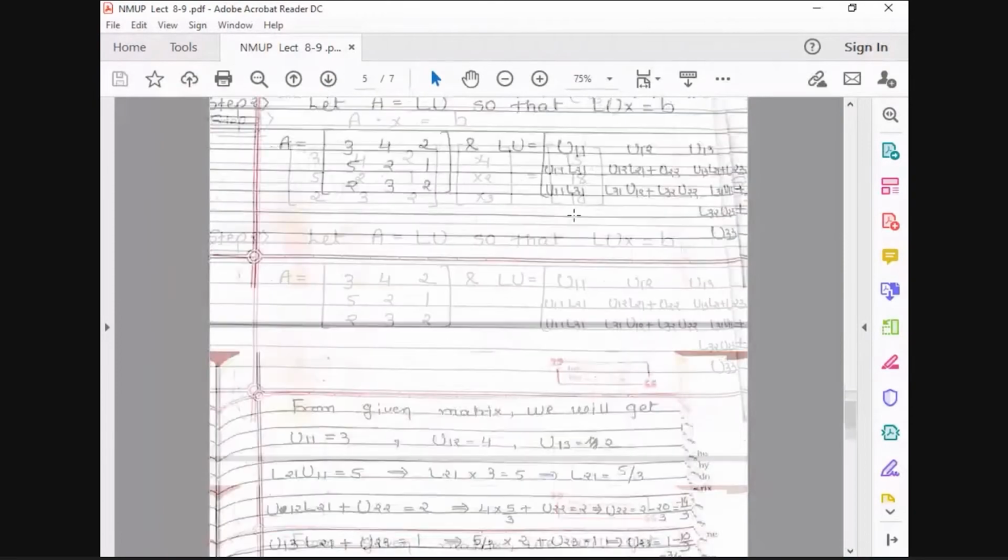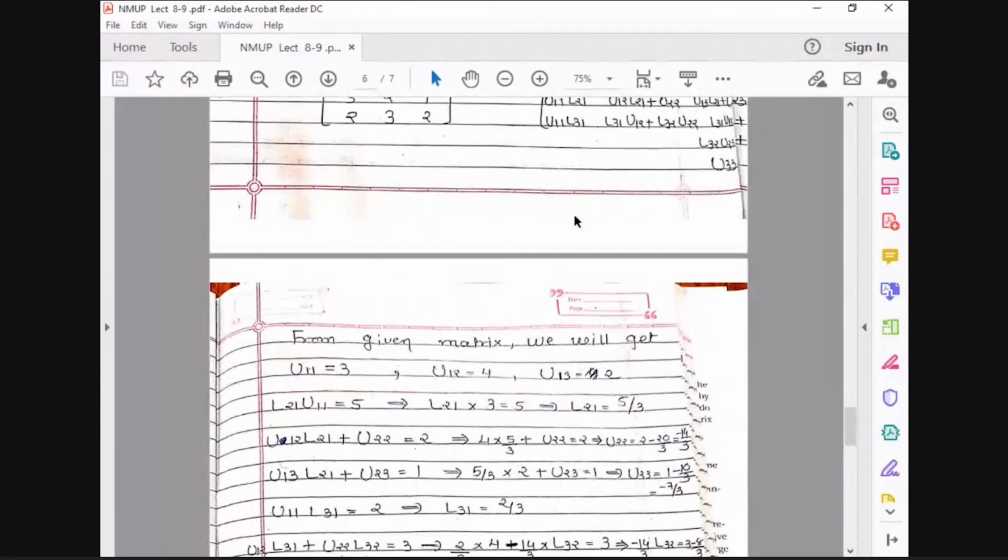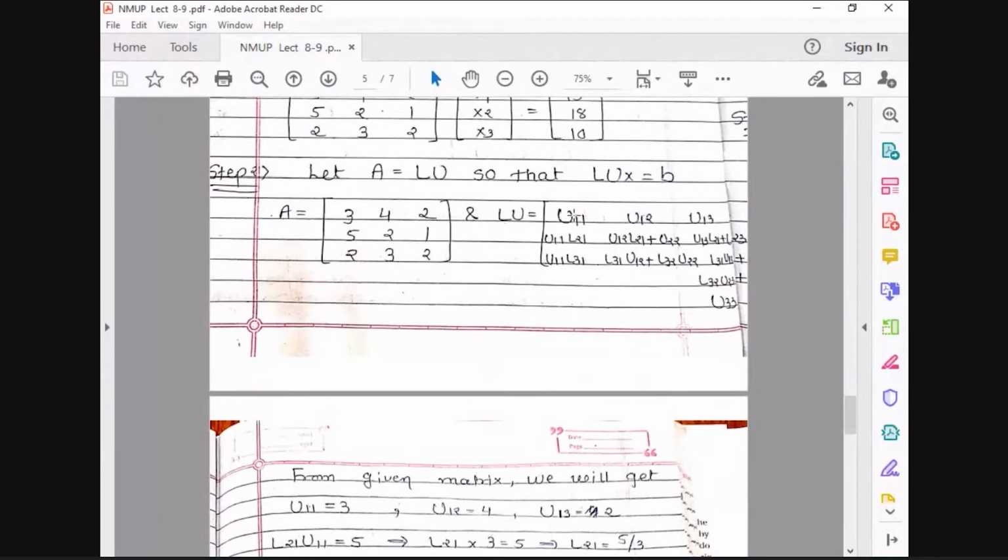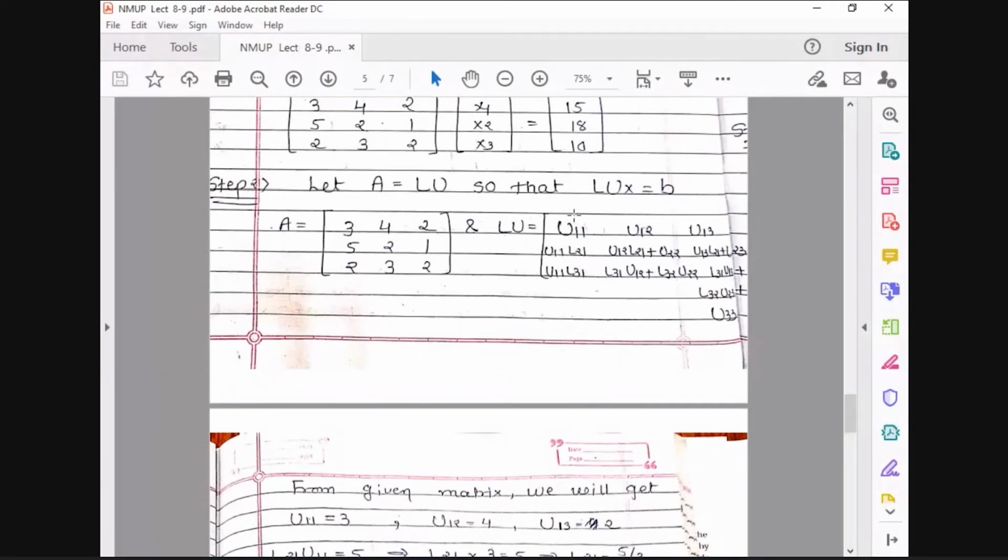Now what I have to do? I have to follow the same steps over here. I have to multiply the first row with the first column, first row with the second column, first row with the third column.